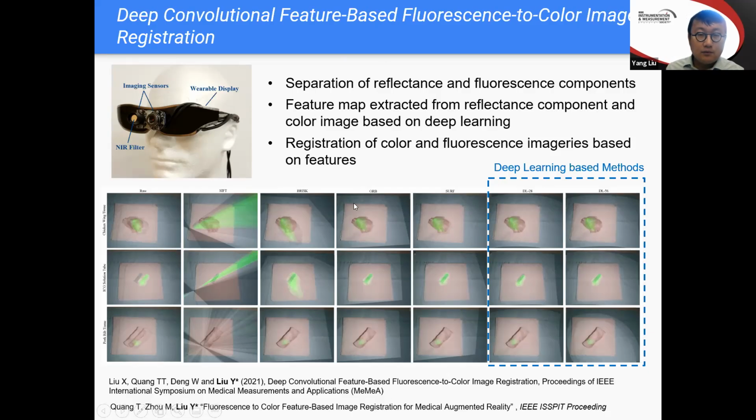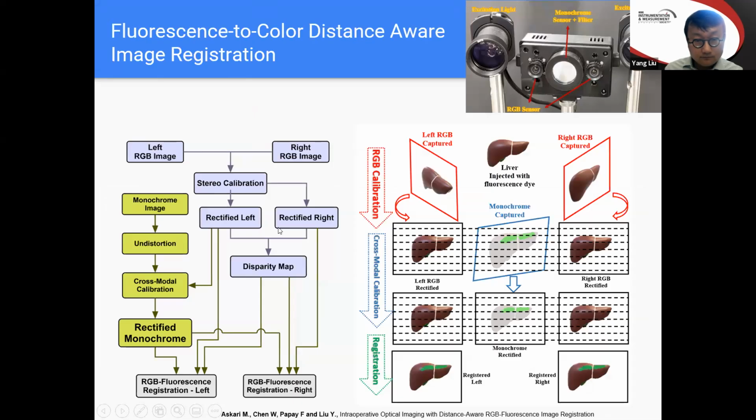In this particular example, we extract the feature map from the reflectance component and the color imagery using deep learning and register them together. This way, the surgeon will have fluorescence information overlaid on top of the color imagery. Using deep learning and computational methods is great.